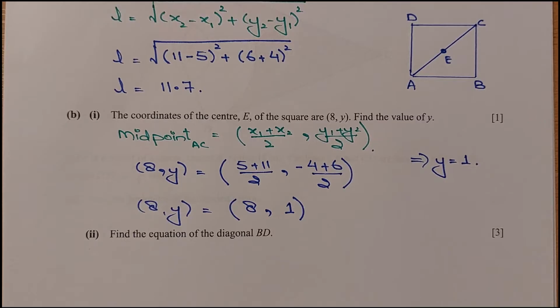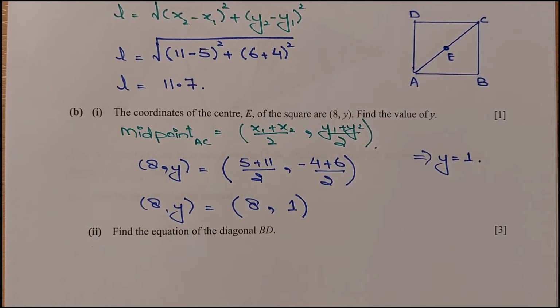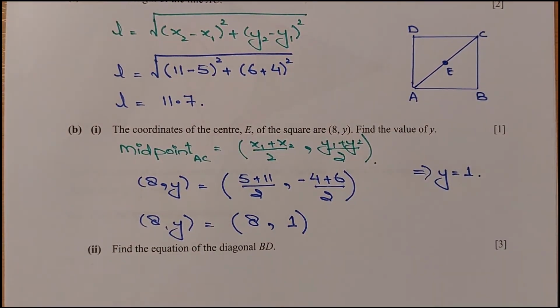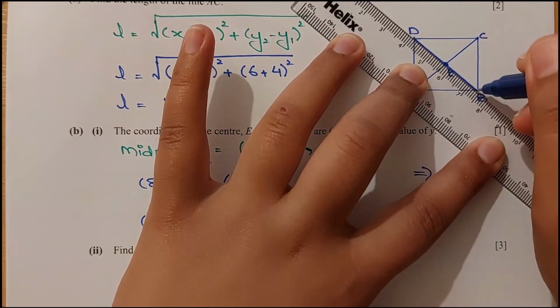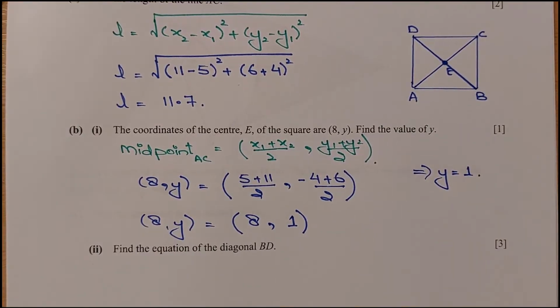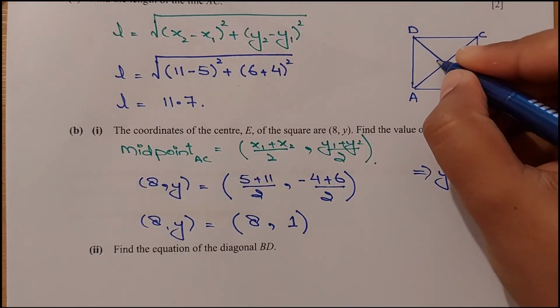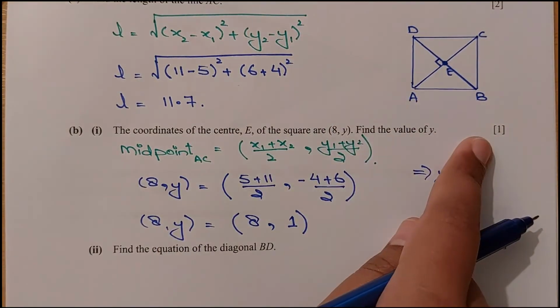Now for the second part, find the equation of diagonal BD. Okay, the other diagonal is BD, and we need to find the equation of this diagonal. As we know, the diagonals of a square are perpendicular to each other, right? So basically we need to find the equation of the perpendicular bisector of AC, that is the diagonal BD.